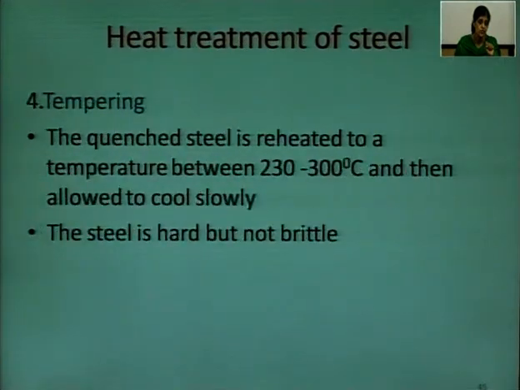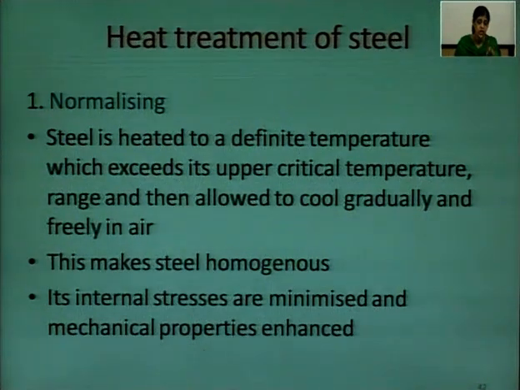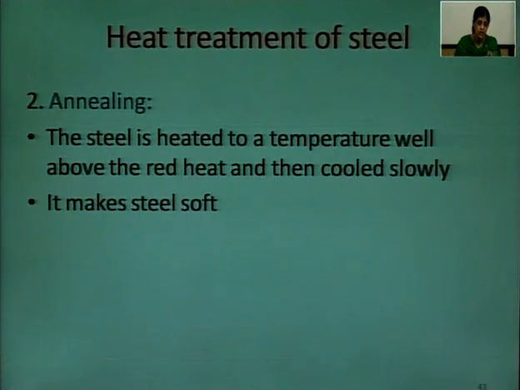So we have basically seven methods of heat treatment. The first is normalizing, in which we are heating it to a definite temperature and cooling it slowly. Then we have annealing, where we are heating it to a temperature above red hot and cooling it slowly.